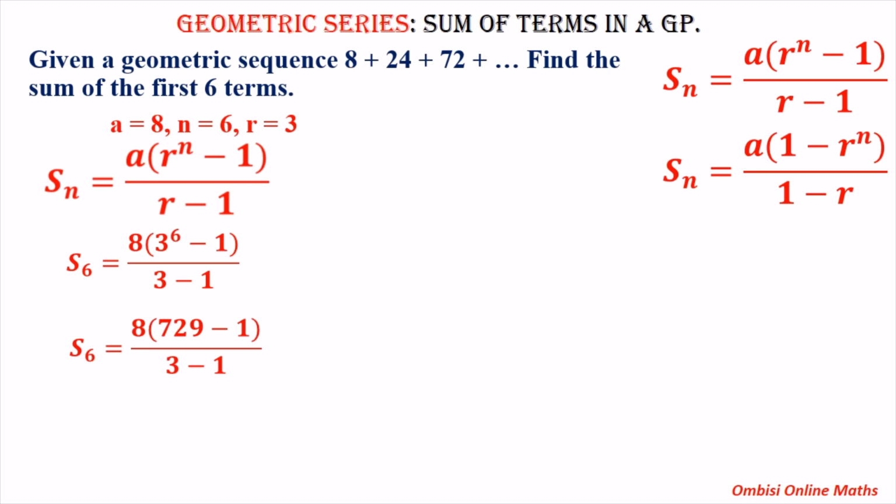This boils down to S_6 equals 8 times 728 over 2, and this gives us 2912. So the sum of the first 6 terms of this geometric sequence is 2912. We'll clear out this one and look at the next question.